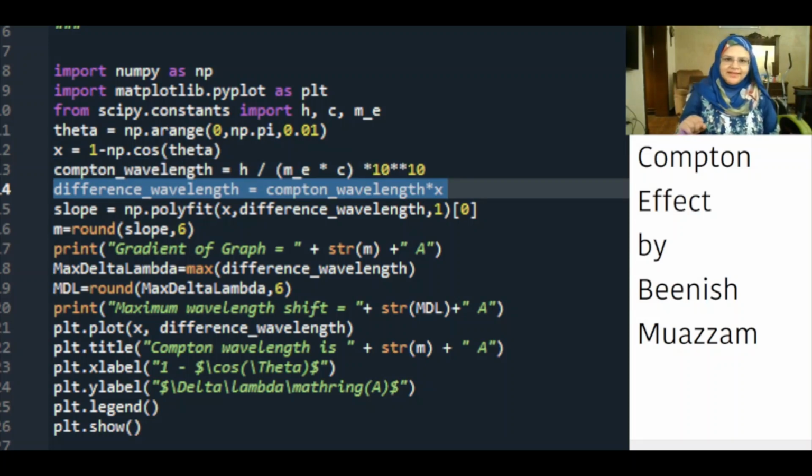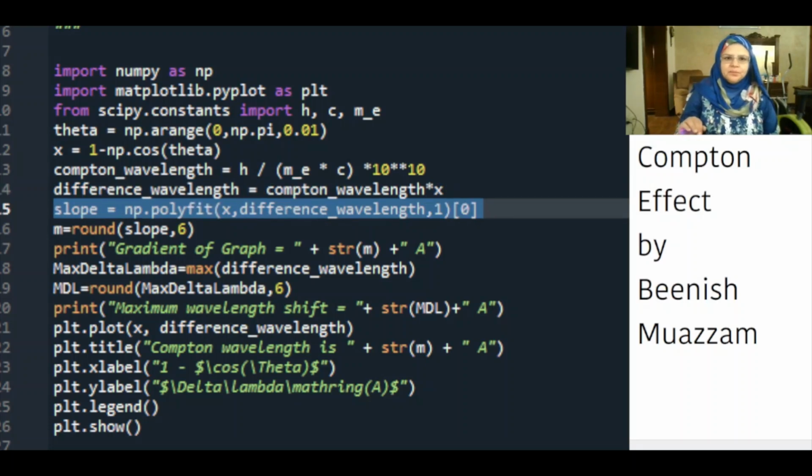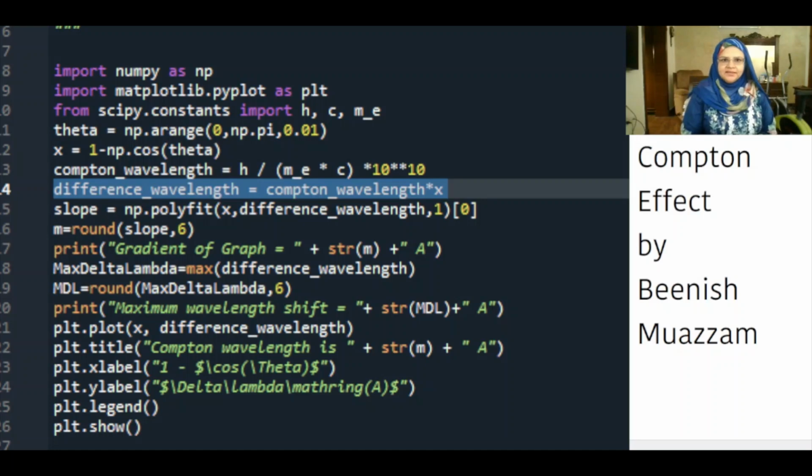Difference underscore wavelength is equal to Compton underscore wavelength multiplied by x. We can find the slope by using polyfit from NumPy. However, if we analyze the equation, difference underscore wavelength is equal to Compton underscore wavelength into x. Compton underscore wavelength is a constant and is the gradient of the graph of difference underscore wavelength and x.